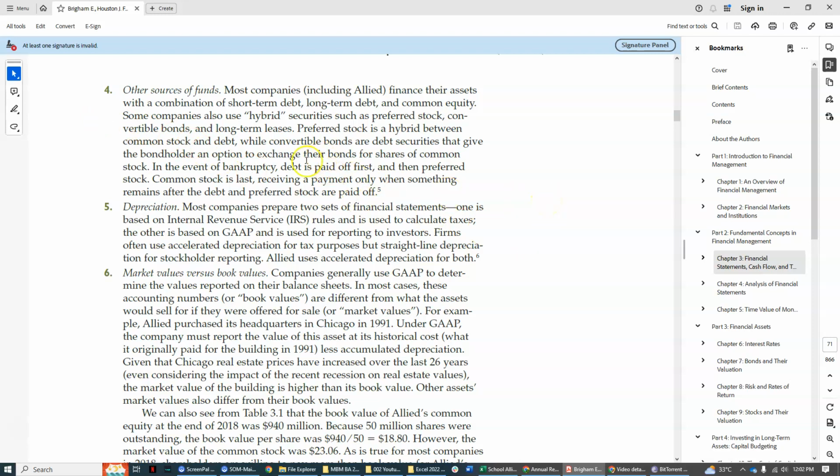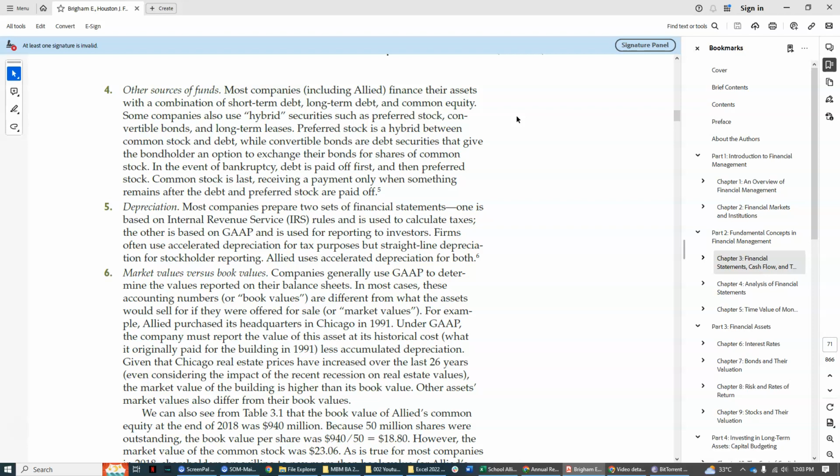Okay, moving forward to the preferred stock, it is a hybrid between the common stock and the debt because preferred stock has a preference when it comes to the liquidation. It means that when there's money remaining after paying all the debts, the preferred stock will be paid first over the common stock.